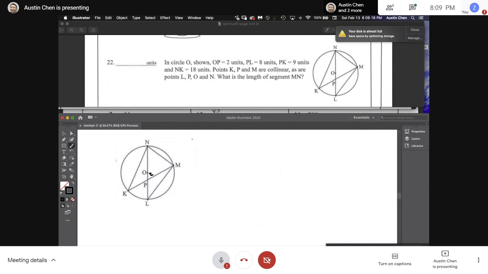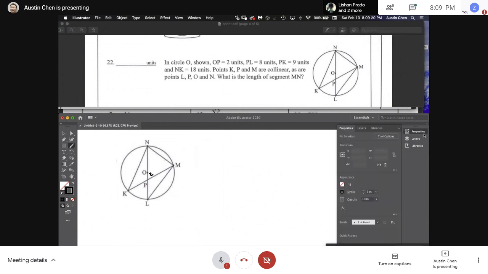My disk is almost full. See, my brush thickness just randomly reset for no reason. I just added a screenshot and it reset. Wait, look, it reset again.